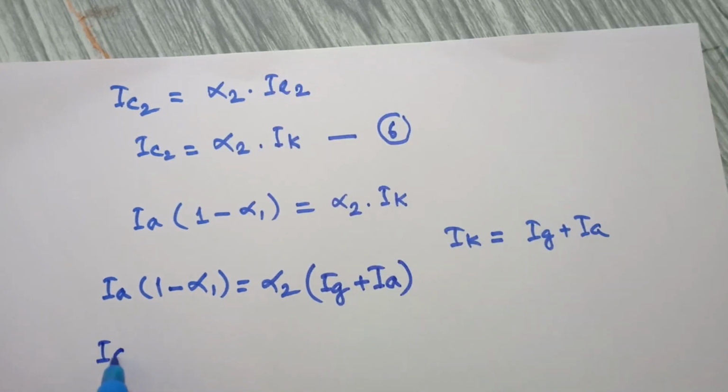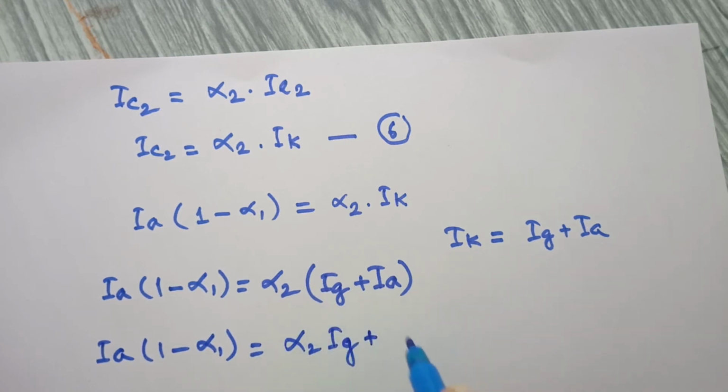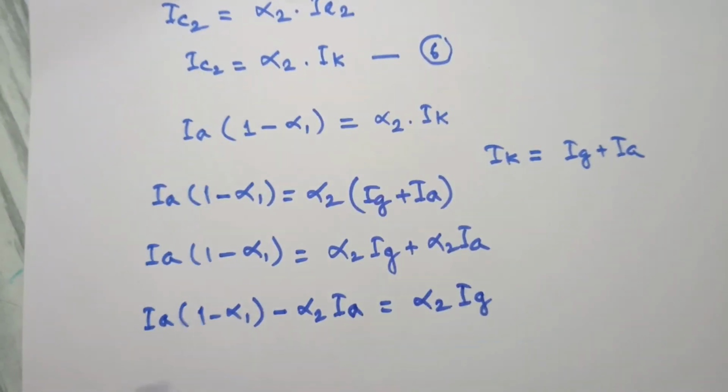Expand this bracket: alpha 2 IG plus alpha 2 IA. Then rearrange the terms, bring all the IA terms to the left hand side: IA into 1 minus alpha 1 minus alpha 2 into IA, that is equal to alpha 2 into IG.